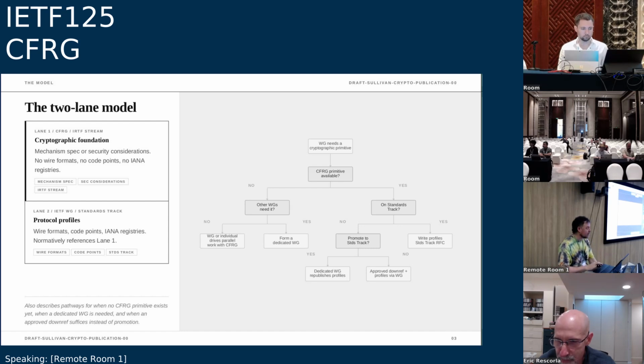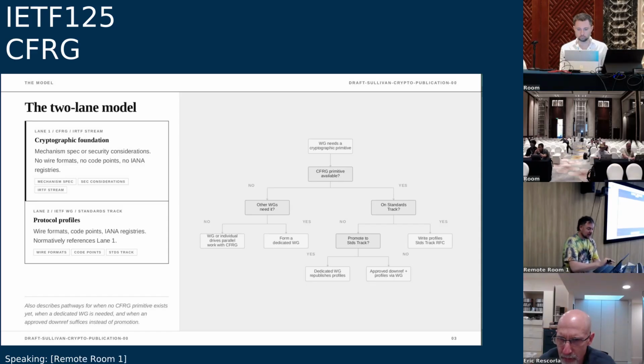Is their primitive available, defined by the CFRG or reviewed by the CFRG? And the answer currently is no. Go to the left. Do other working groups need it? Yes, there's a group of 3 or more groups who are looking for PQ KEMs.